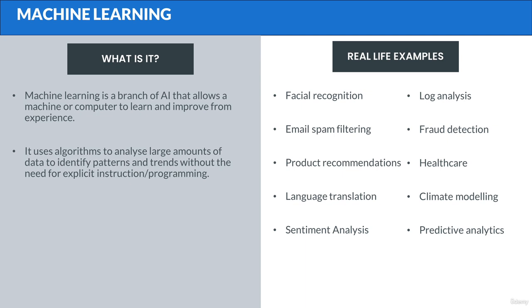I won't go through all of these because they're listed here, but it's just to show how prevalent and widespread machine learning is within the modern world. And it's even now becoming a very useful and powerful tool in healthcare to predict health issues before they even happen, as well as climate modeling too.